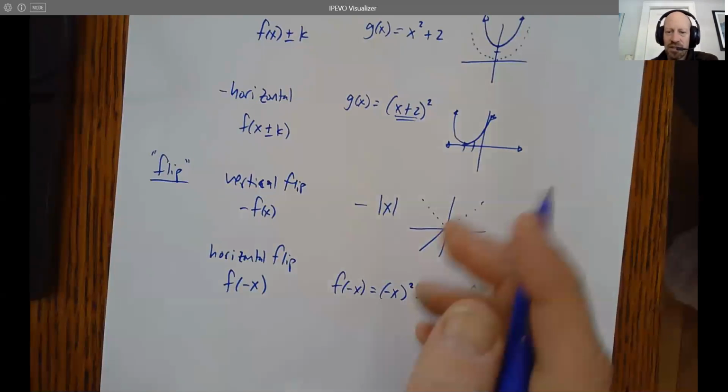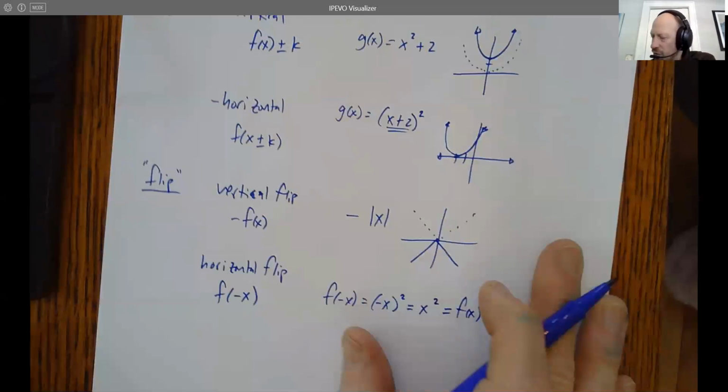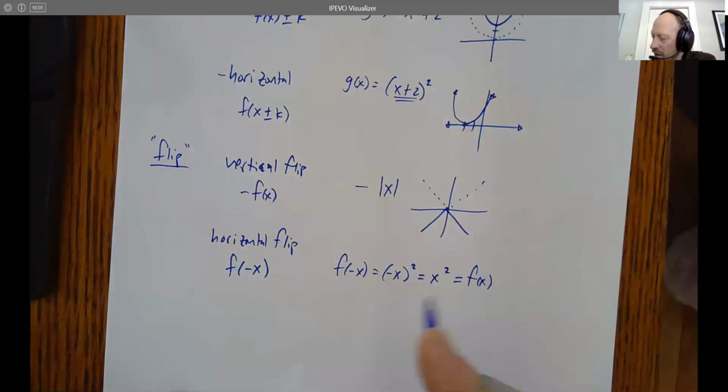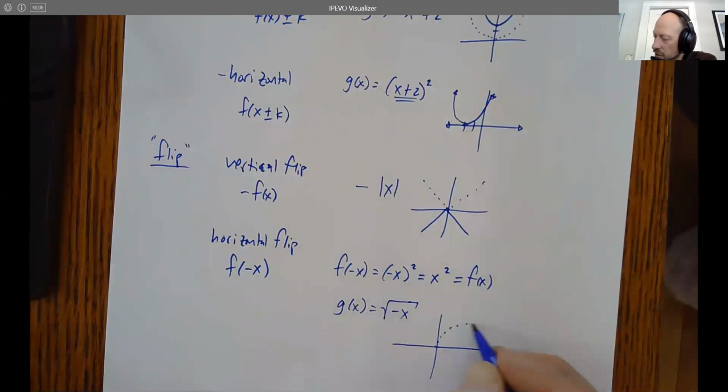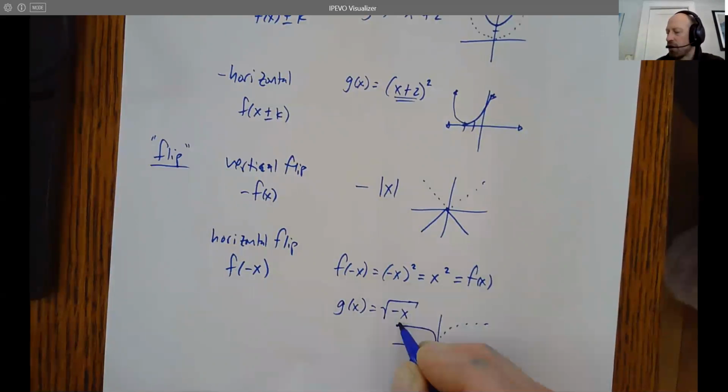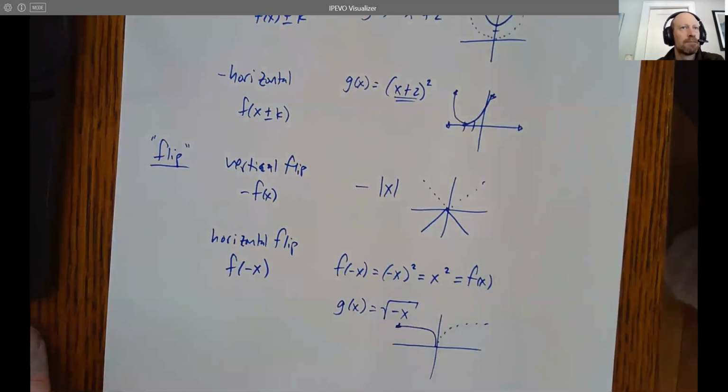So for some of these functions, you can't tell the vertical or the horizontal flip, but some of them you can. If g of x is equal to the square root of negative x, that takes our original square root function and flips it horizontally. Okay.